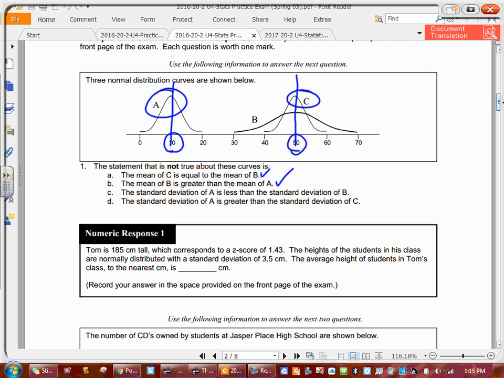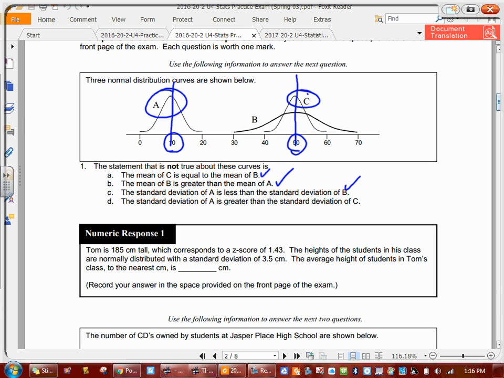Standard deviation of A, so that's how spread out everything is, less than the standard deviation of B. So that means the spread of A is less than the spread of B. True or false? True. Okay, standard deviation of A is bigger than C. Their spread is bigger.